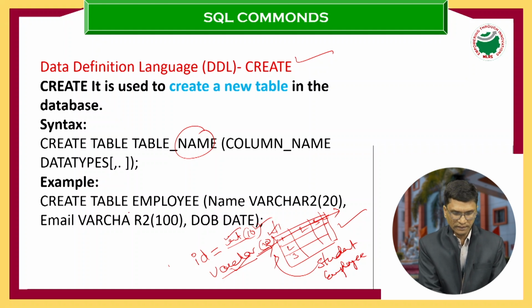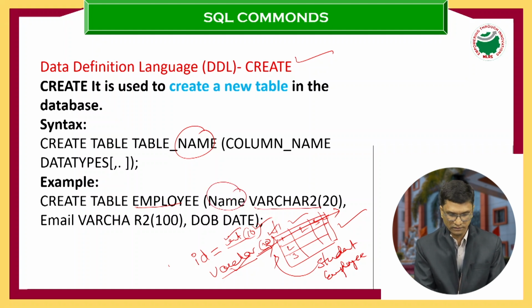Example: create table employee, name variable character 20, that is the size. Name is a variable character, like ABCD, or you can write name Arun. Arun is a variable character, the size is 20, which means we can use 1 to 19, or 0 to 20.